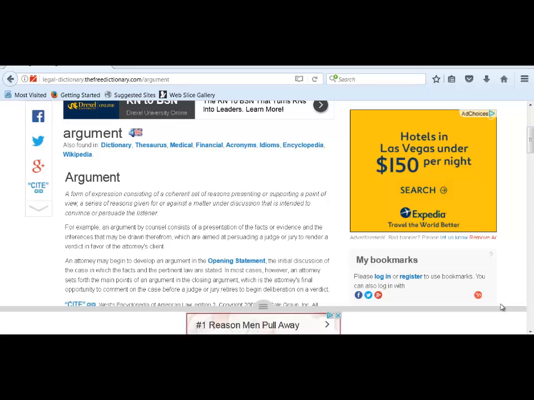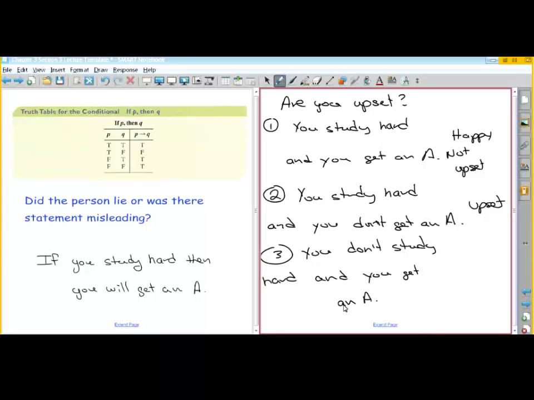So as you can see, it's a form of expression consisting of a coherent set of reasons presenting or supporting a point of view, a series of reasons given for or against a matter under discussion that is intended to convince or persuade the listener. Now, the other person who studied may not like that, but as far as you're concerned, you're happy. I didn't have to study hard. He said I was going to have to study hard, and I didn't study hard and still got an A. Woohoo! You're not upset, okay? You're happy again.